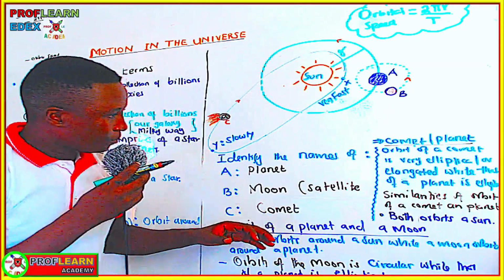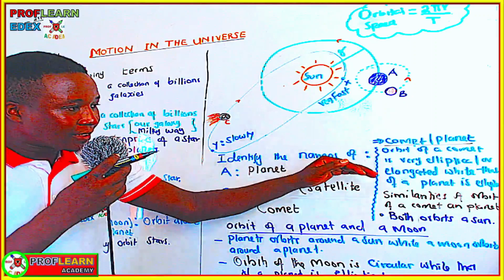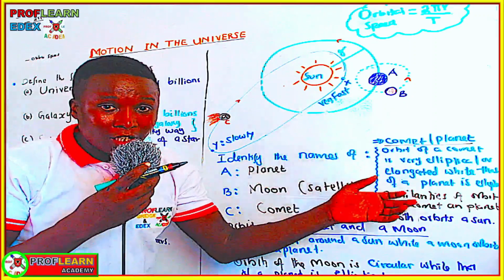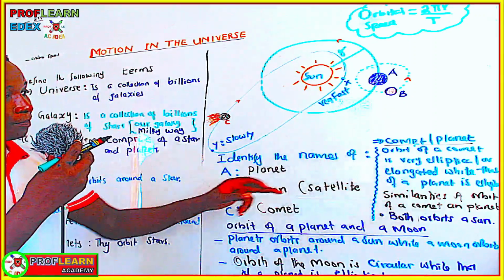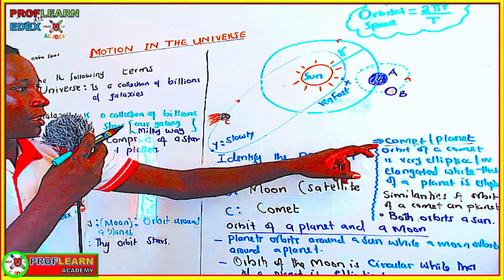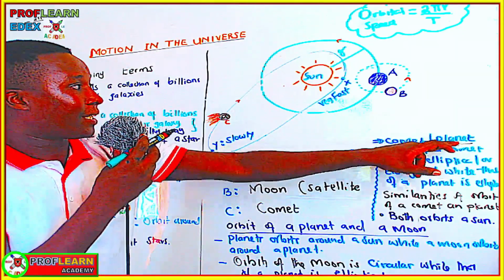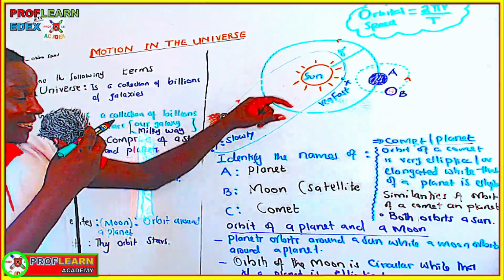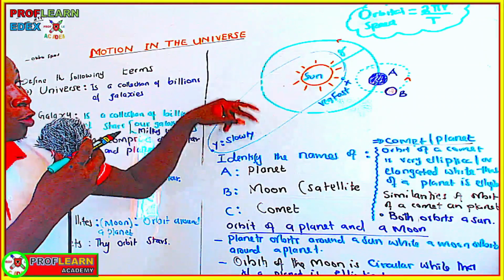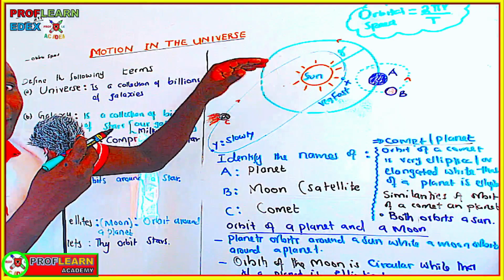And lastly, know the differences and similarities of all these orbits. Know the similarities of the orbit of a comet and a planet. They are similar in the sense that both of them orbit a sun, a star.